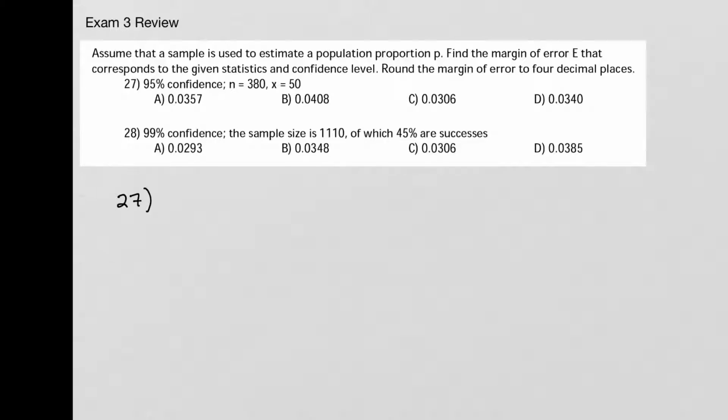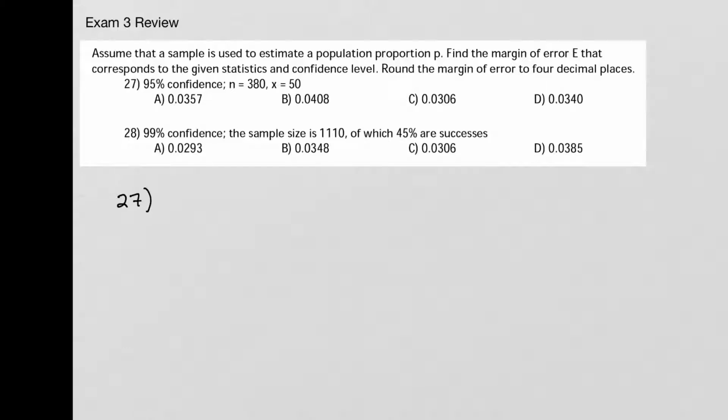In this problem, we're told that we have 95% confidence, n is equal to 380, and x is equal to 50. So here you need to make sure that you're entering those pieces of information in the correct order in your calculator.